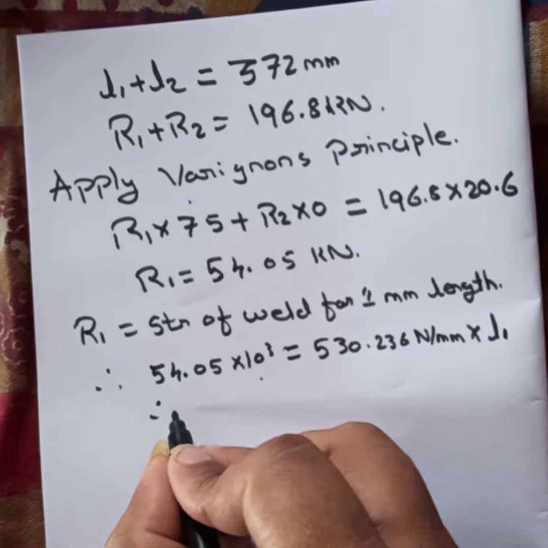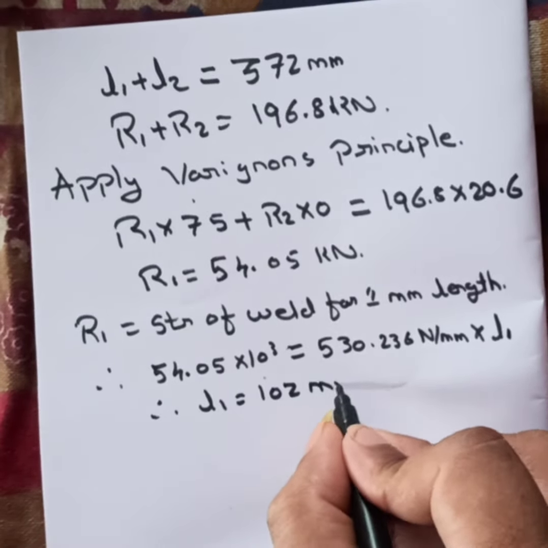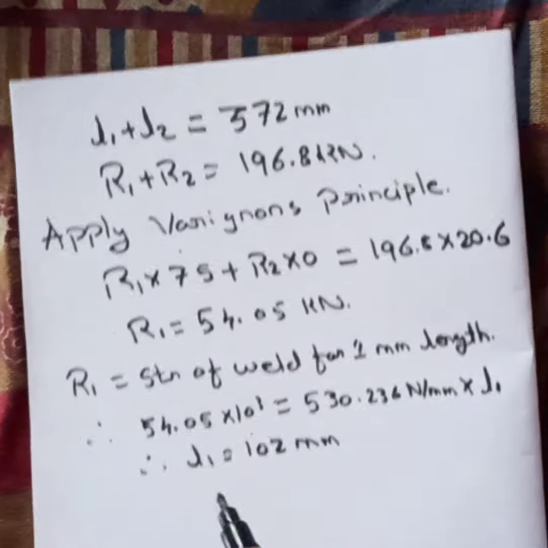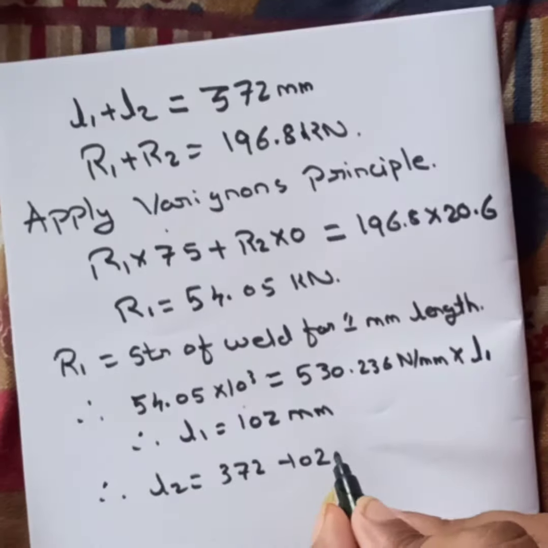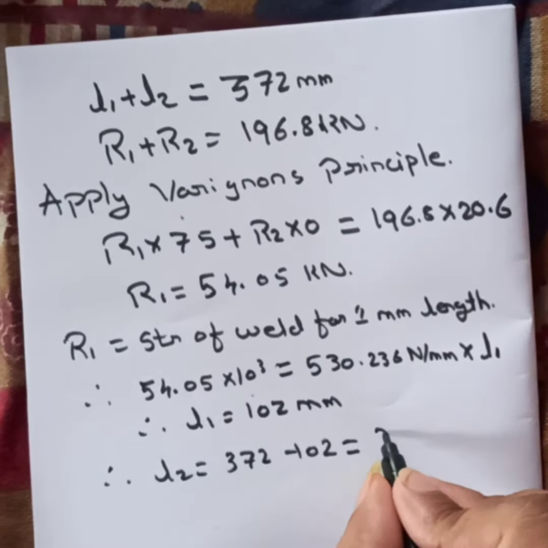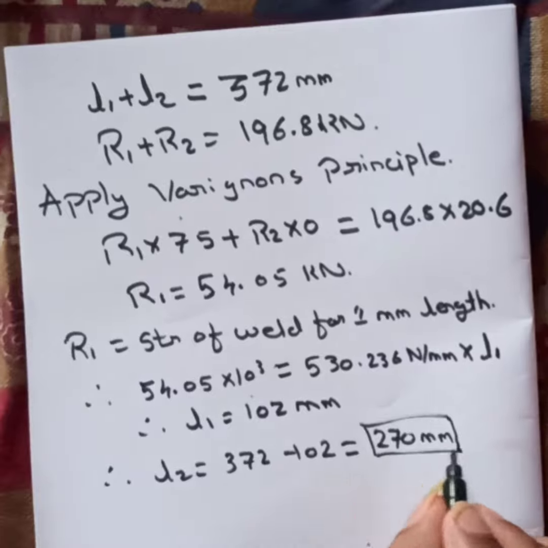Solving this, we get L1 as 102 mm. We know that L1 plus L2 is 372 mm, so we get L2 as 270 mm. So these are the final answers.